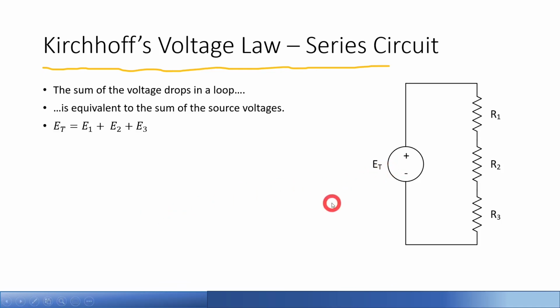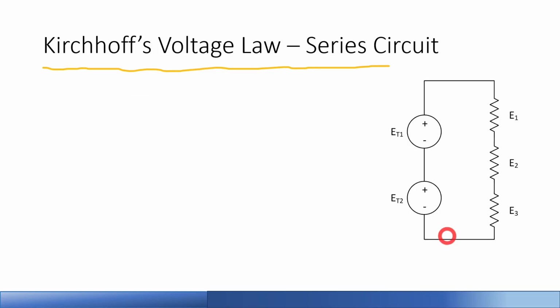So if I have E sub T here, that voltage rise, or that voltage that I'm putting into this circuit, is going to equal the voltage drop there plus the voltage drop there plus the voltage drop there. There's no other place for voltage to be lost, so it's going to be dissipated across those three resistors. Okay, so there's my three voltage drops, and that should equal that voltage rise there.